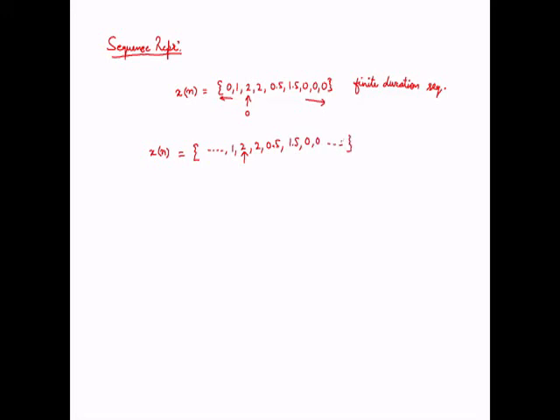This is the representation of an infinite sequence. We are not able to define the limit on the right side and the limit on the left side of the sequence. So this is the sequential representation.